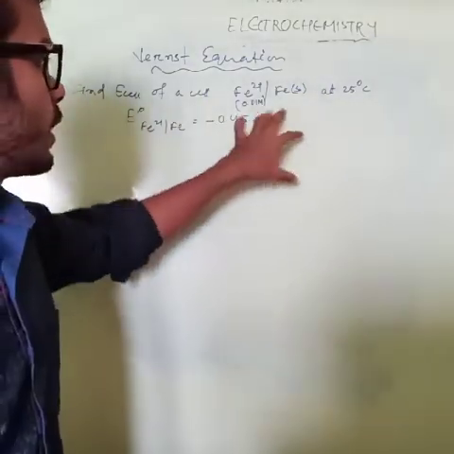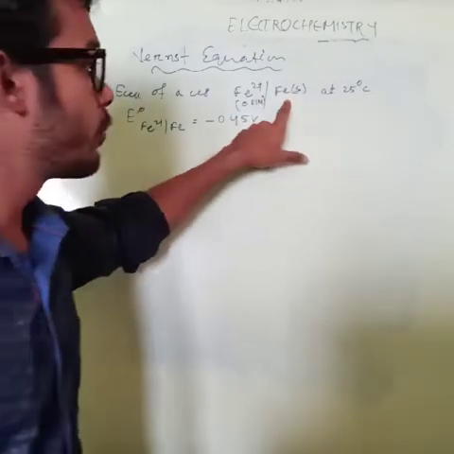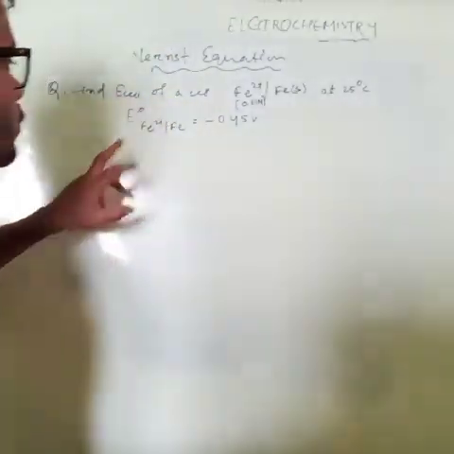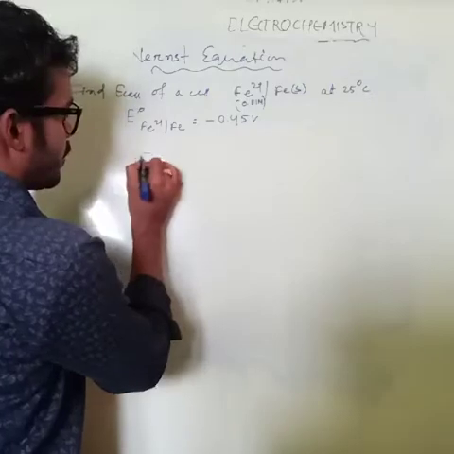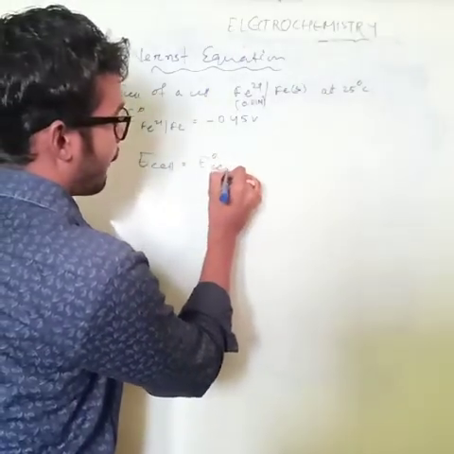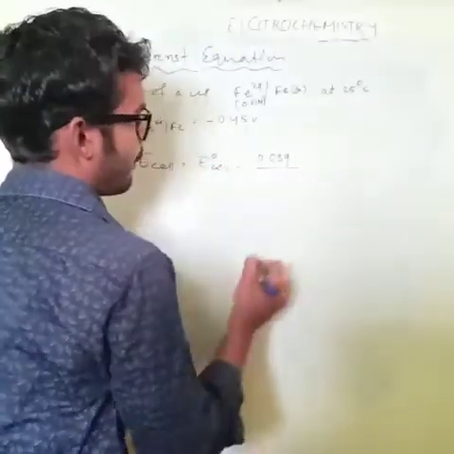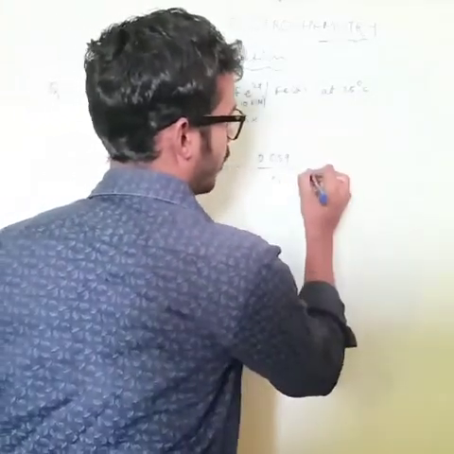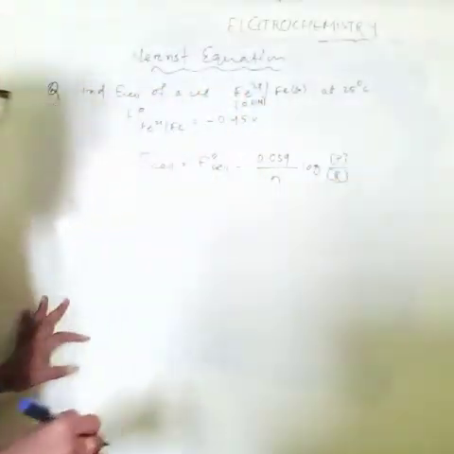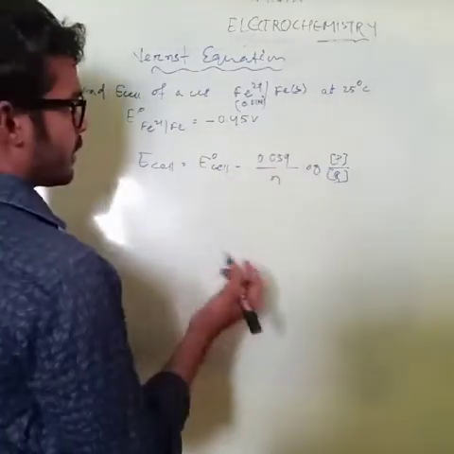Find E cell of a cell where this half cell is given, Fe2 plus to Fe, reduction potential, you need to find at 25 degrees centigrade. 25 degrees centigrade is given, and E naught of this is given. So what will be the formula? E cell equals E naught cell minus 0.059 divided by n log product by reactant.